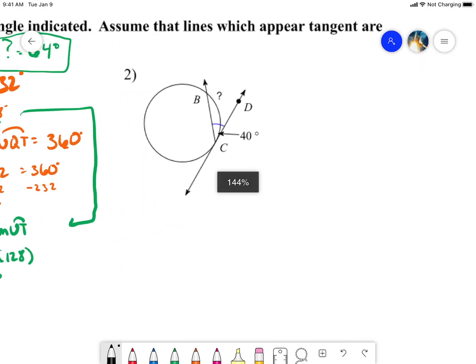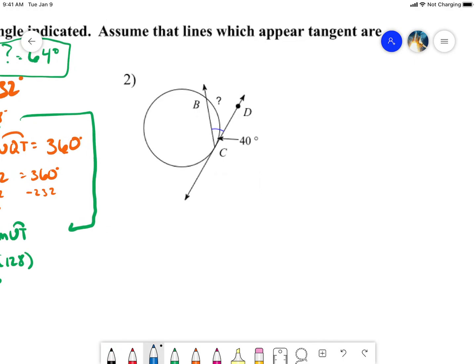Number 2 is a little bit easier. I'm asked to find the measure of arc BC. What I'm given is that the measure of angle BCD is equal to 40 degrees.